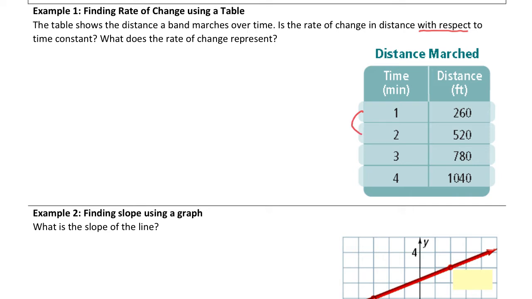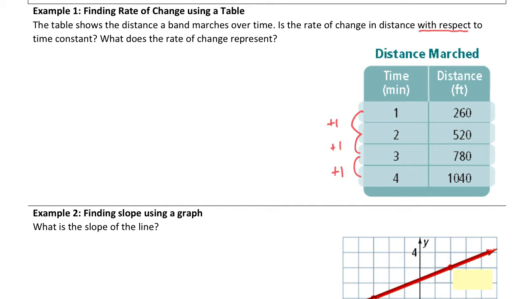From 1 minute to 2 minutes, we added 1 minute to the time. 2 to 3, we added 1 minute to the time. 3 to 4, we added 1 minute to the time. So in this table, the time is increasing at a constant rate of 1. The time is increasing. Okay.